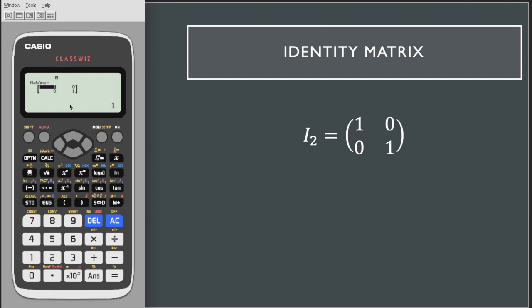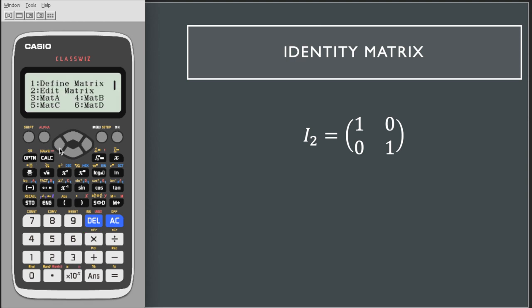Now this value has been stored as matrix answer. So if I want to then use this value again, say I want to take matrix A and multiply it by the identity, well, I know that's going to give me matrix A, but let's just test that. We can press AC, go to option, select matrix A, which is option 3, press the multiplication key.